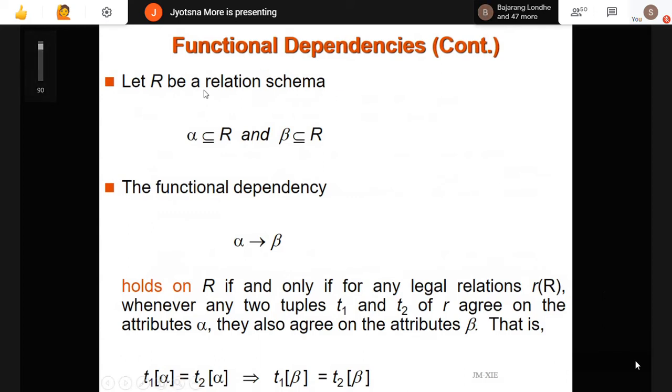So let R be a relational schema. Alpha is a subset of R and beta is a subset of R. If alpha is a subset of R and beta is also a subset of R, the functional dependency alpha determines beta is written like this. How do you read it?